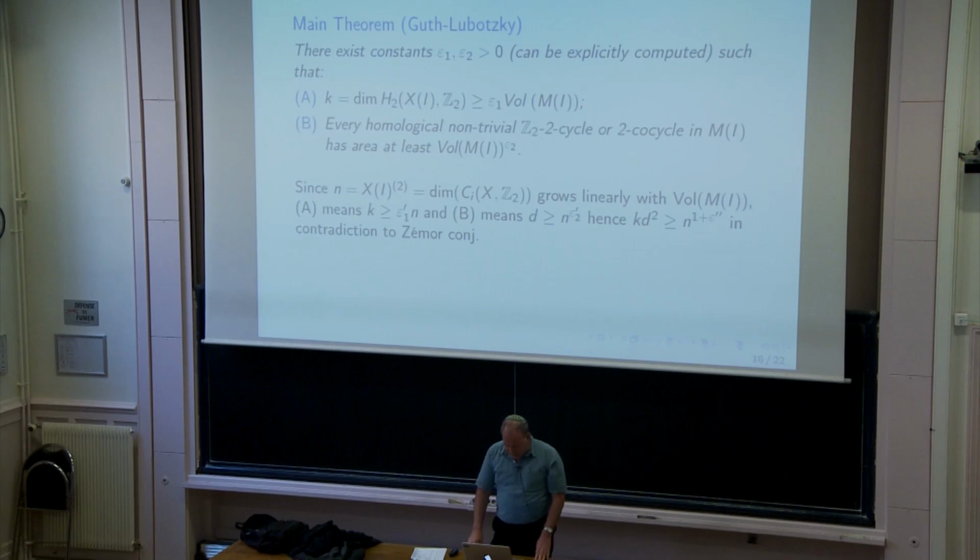If you put these together, you see that this is a counterexample to the question of Zémor, because it means that k times d squared is at least n to the 1 plus 2 epsilons, so n to the 1 plus epsilon, while Zémor predicted that it will be at most n to the 1 plus little o of 1. So this will give us a counterexample.